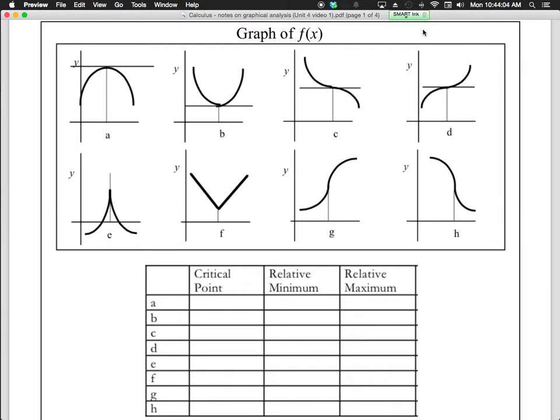So, of the 8 graphs I have up here for f of x, when does f prime of x equal 0? A. A, I agree with A. B, I agree with B. C, I agree with C. D. E, I do not agree with.